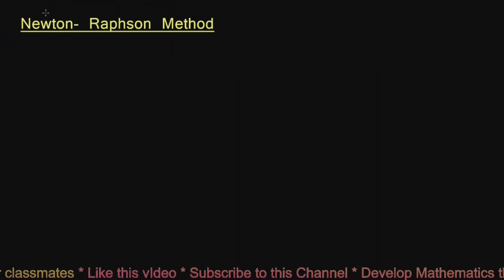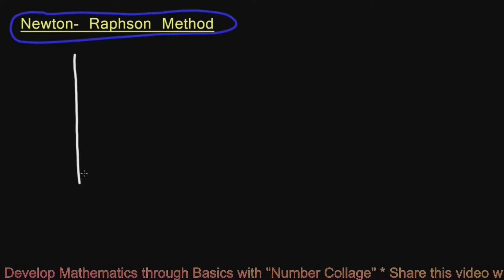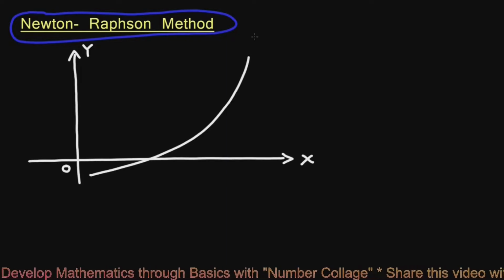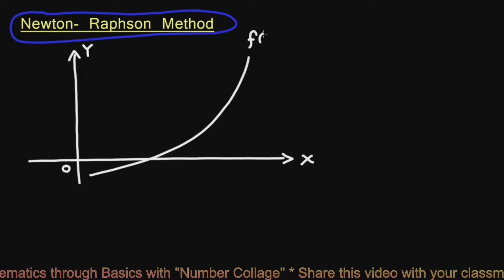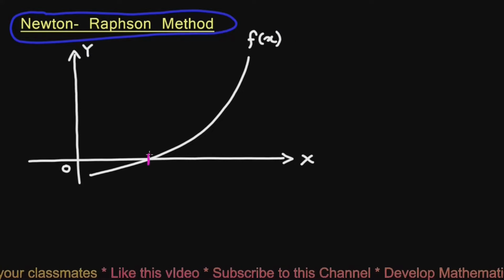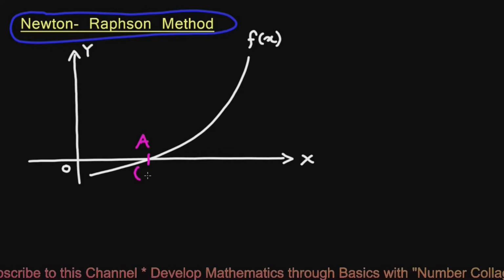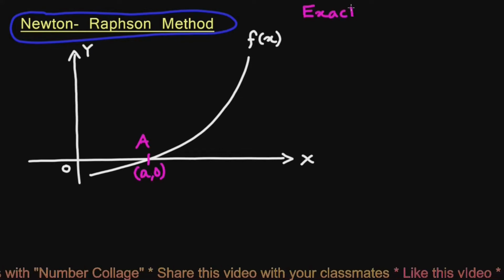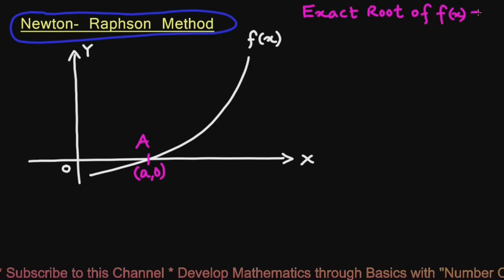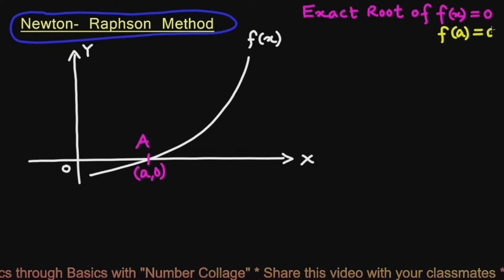Now we will try to understand the Newton Raphson method geometrically. In the xy coordinate system, let this be the curve of the algebraic function f(x). Let the curve cut the x-axis at point A, whose x-coordinate is A, and the exact root of the algebraic equation f(x) equals 0 will be f of A equals 0.